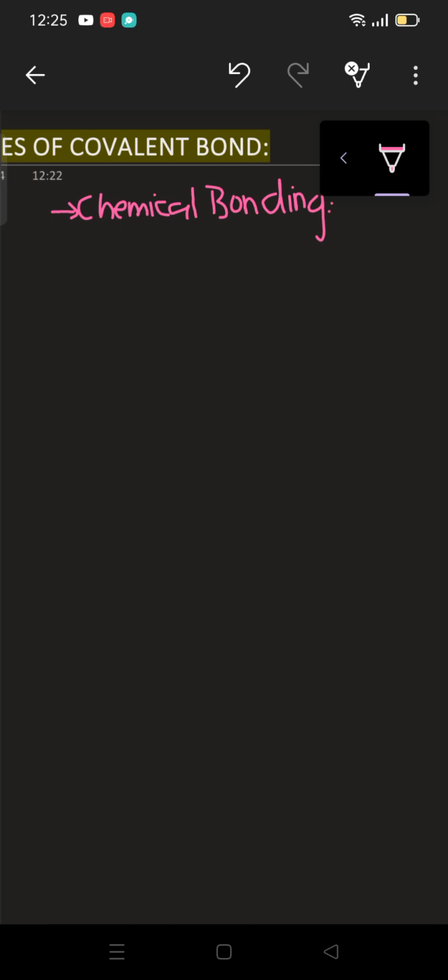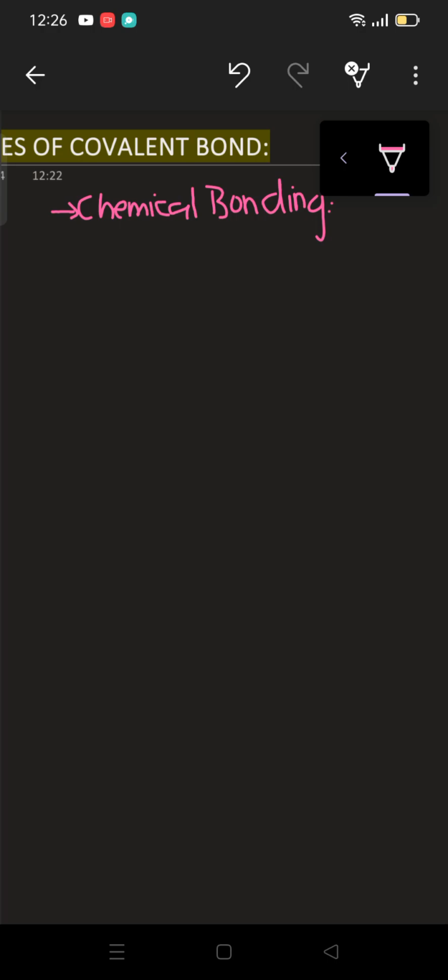Because there are some types of chemical bonding. If we talk about the ionic bond, there will be only a force between the two atoms which holds those two atoms together, and that force is known as electrostatic force. In the form of ionic bond, we have a force which holds two atoms together, which means chemical bonding is nothing but the force between the two atoms, right?